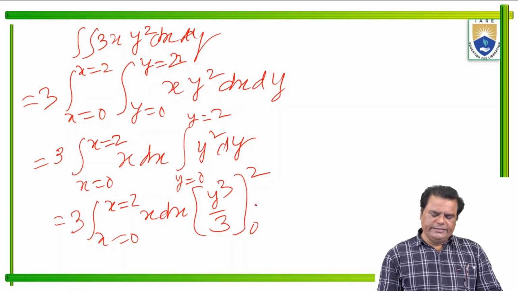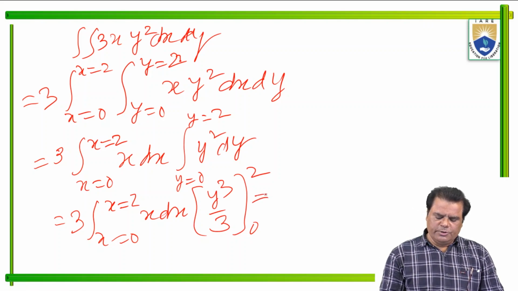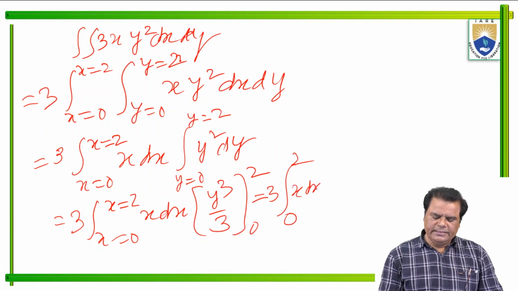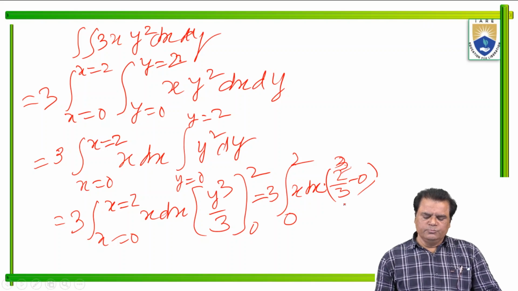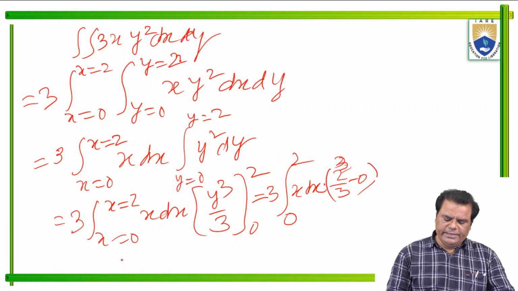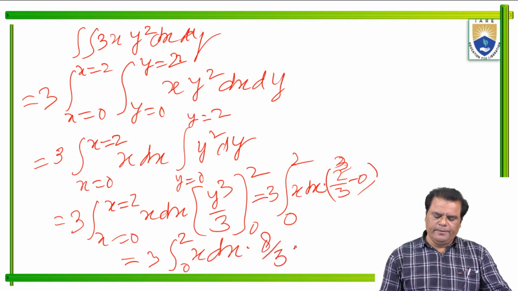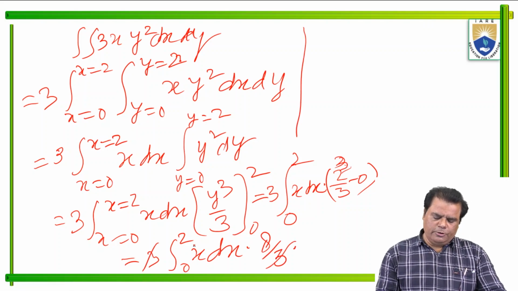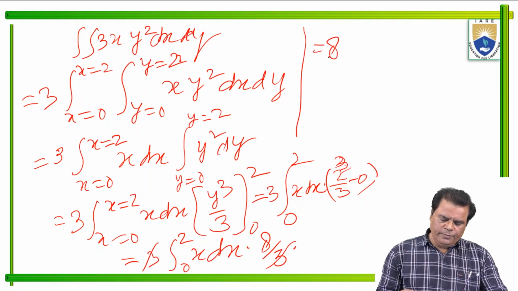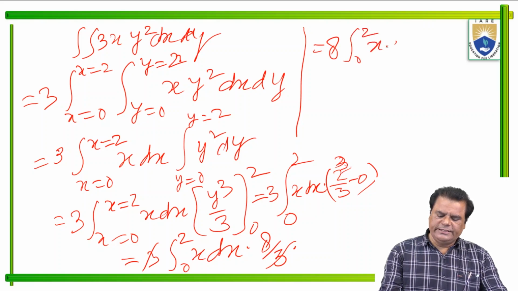So this is 8 by 3, 2 cube by 3 minus 0. So 3 is cancelled.